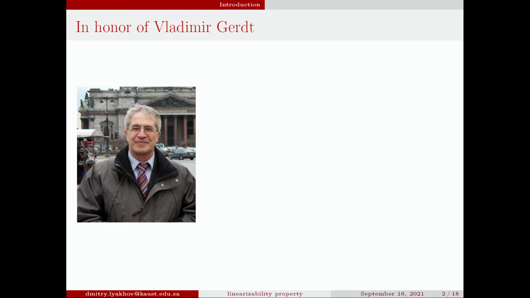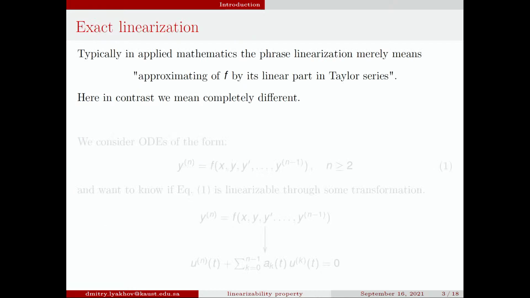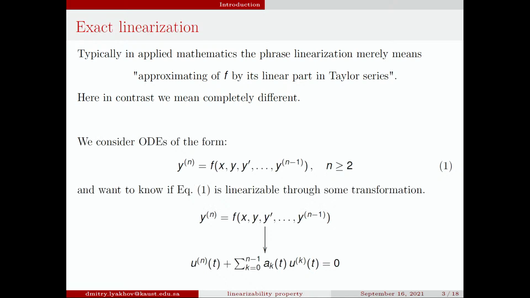We are going to discuss the exact linearization of ODEs. Typically in applied mathematics, linearization just means the approximation of some function by its linear part in the Taylor series. But here in this presentation, it means something completely different.